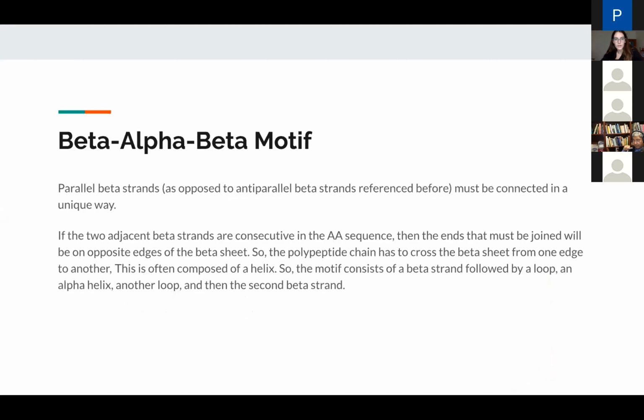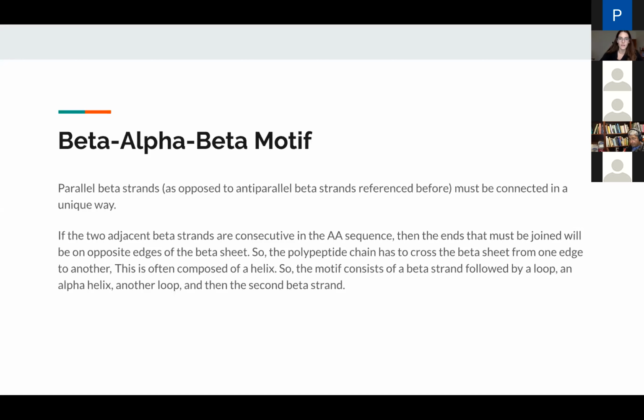Parallel beta strands must be connected in a unique way because of their different structure. If the 2 adjacent beta strands are consecutive in the amino acid sequence, the ends to be joined will be on opposite edges of the beta sheet. So you can't just use a simple turn or a simple loop to connect them. The polypeptide chain actually has to cross the beta sheet from one edge to another.